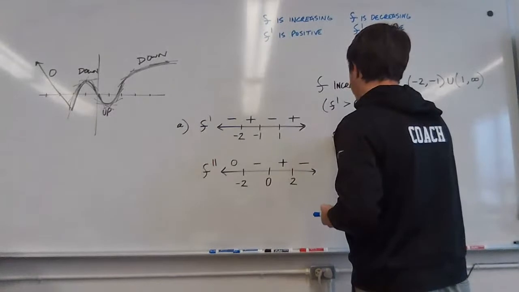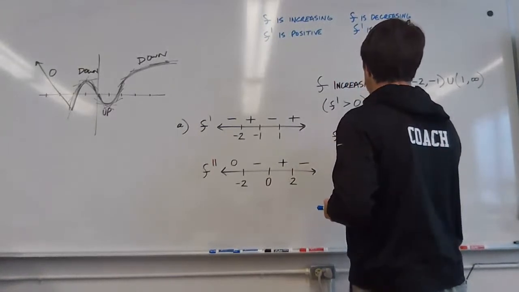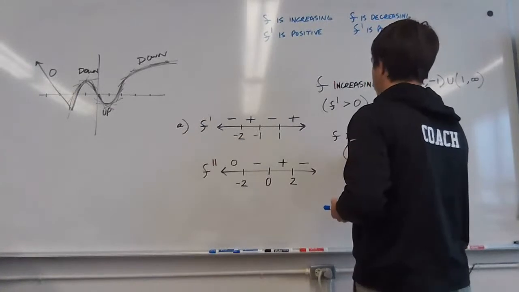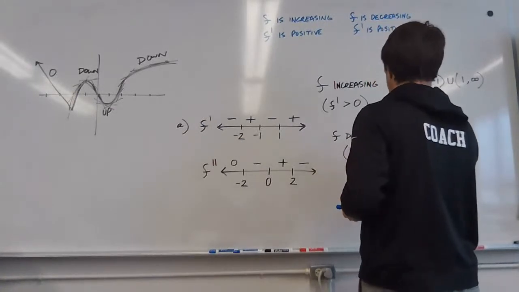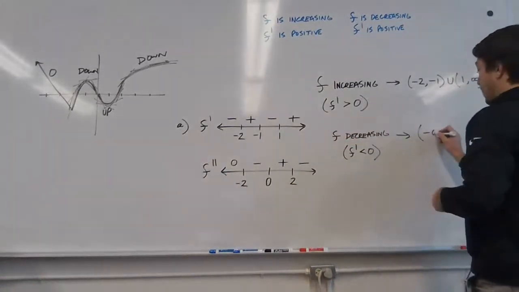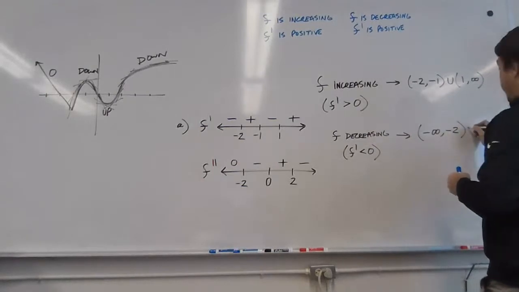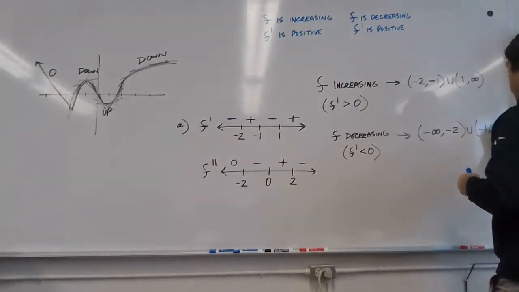How about where is F decreasing? Of course, decreasing means that the derivative is negative. So that would be from -infinity to -2 and from -1 to 1.